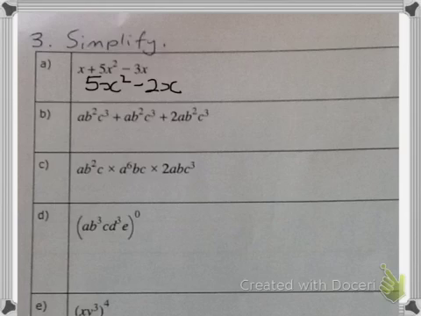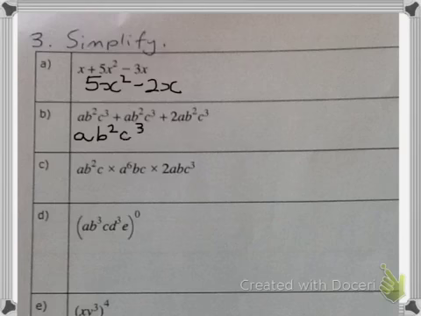Now, looking at b, every one of these has got an a and a b and a c. The highest power of a that I can take out is a, and then every one of them has a b squared, so I'm going to take out a b squared, and then they also all have a c cubed.